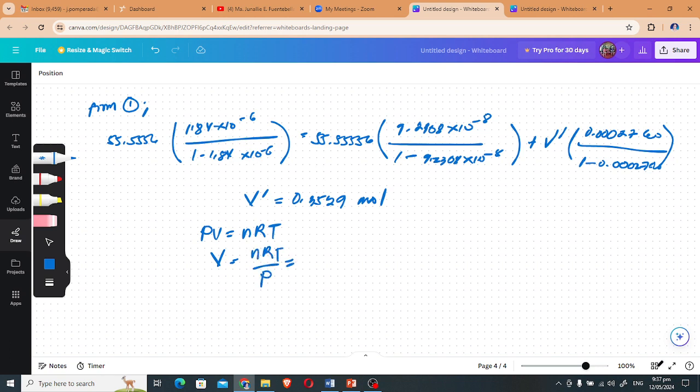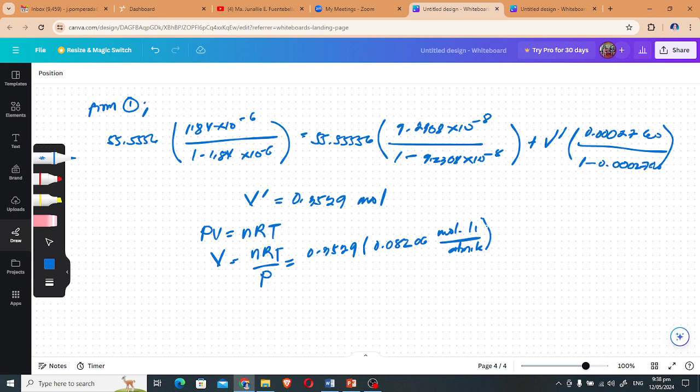Now substituting, the n that you will be using here is the n that we got in here, the v prime. Oh, sorry. This should be 0.3529. So that would be for the n. Then we use the R, 0.08206 liter atm per mole Kelvin.